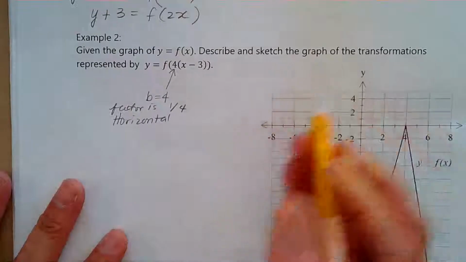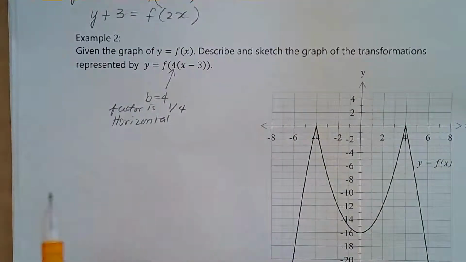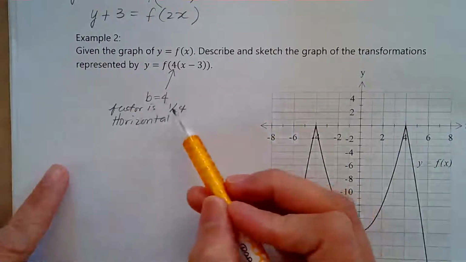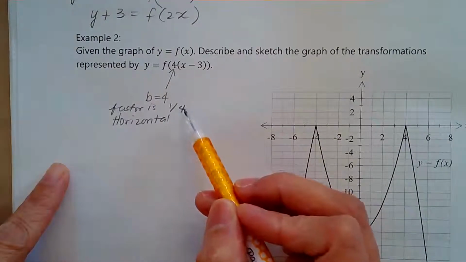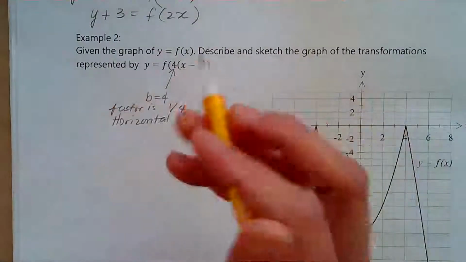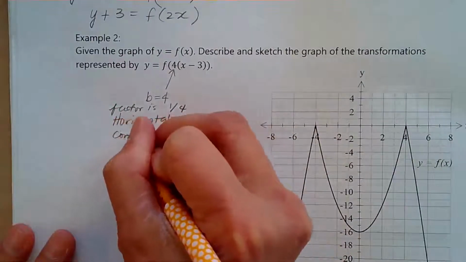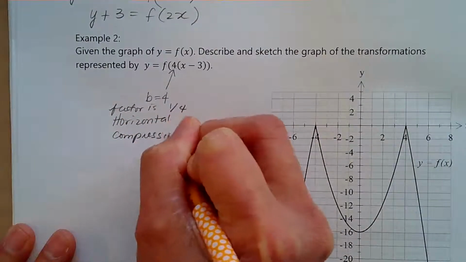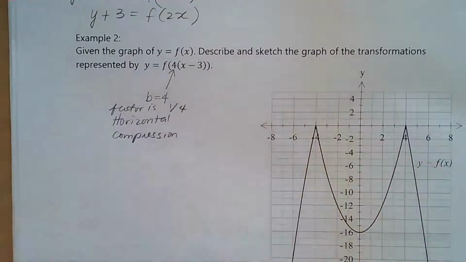Okay, horizontal what? So the factor is 1/4, right? So think about this. When you multiply something by a fourth, does it get bigger or smaller? Like if you multiply by 1/4 by 0.25, it's going to get smaller. So it's going to be horizontal compression. And so if you think like 4 times 1/4, that's going to get smaller, right?